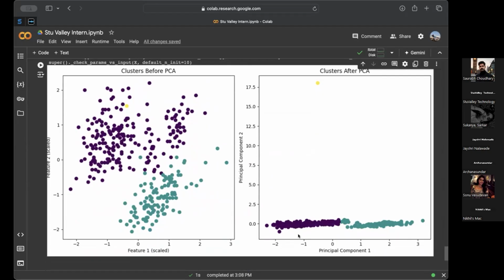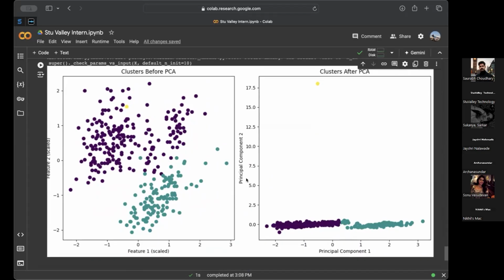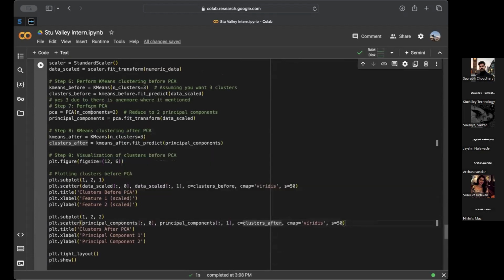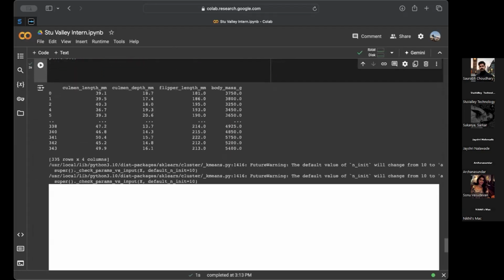Remove the centroid from the after PCA. There is no use of it.